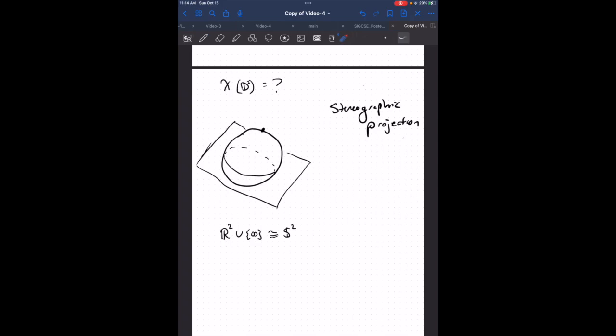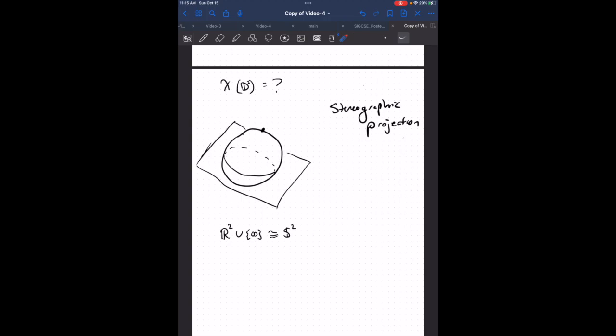So we can see this by, if we position our unit sphere as normal with north pole's coordinate 0, 0, 1, and we shoot a ray from this point through the sphere, we can map that point on the sphere to the point on the plane on this line. And so notice that the equator would get mapped to the unit circle, and the northern hemisphere would get mapped outside of the unit circle, and the South Pole would get mapped inside.